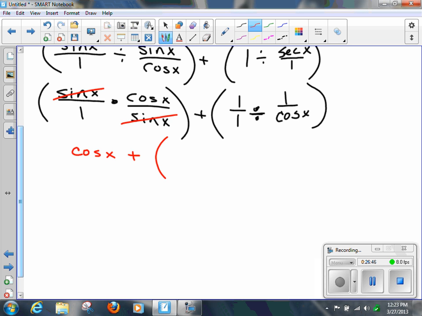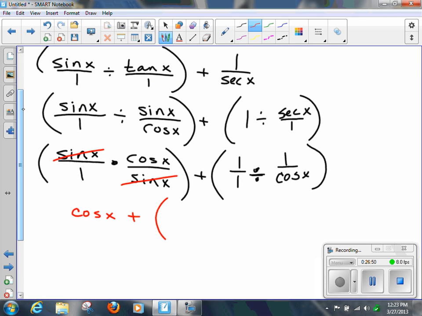Now, plus. Okay, how did you do this? I had to change secant into 1 over cosine, and now I'm going to copy, change, flip. So I've got 1 times cosine x. And dang it, Luke's right again. What's 1 times cosine?